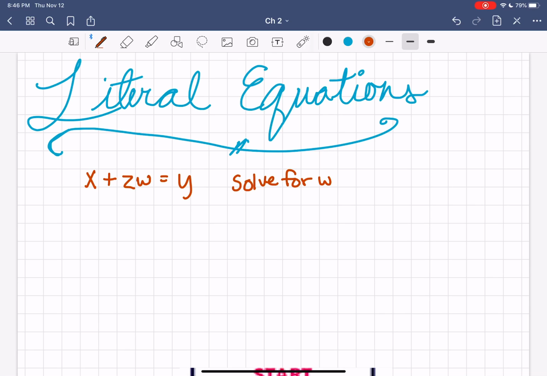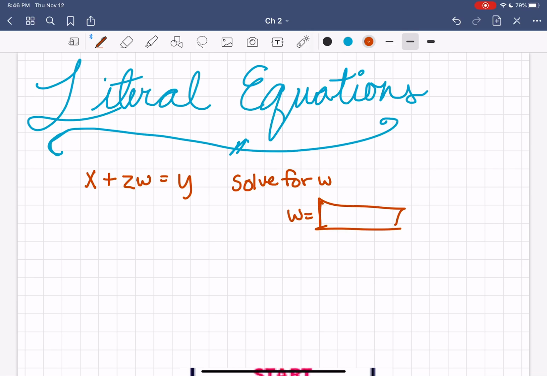If I was solving for W, the concept of solving for W is getting it all by itself. It has to be W equals and then the other stuff. Normally that will simplify into one number, and you'll get W equals 5 or something like that.